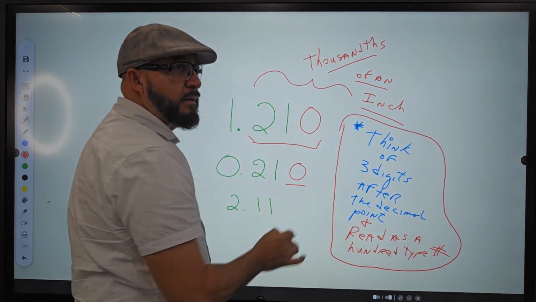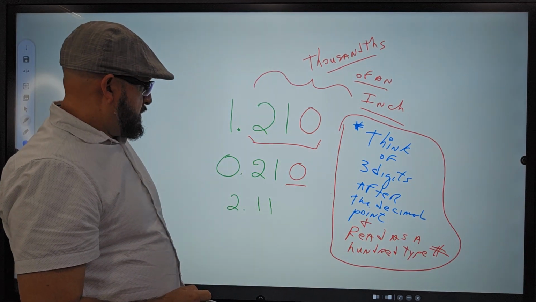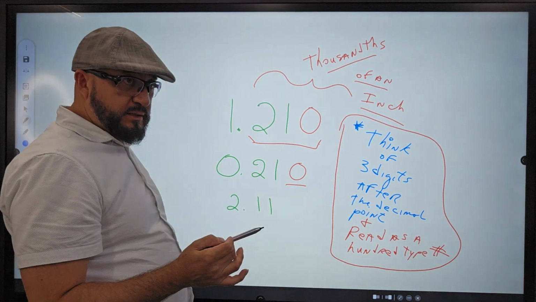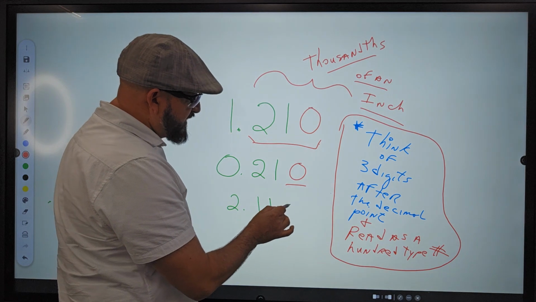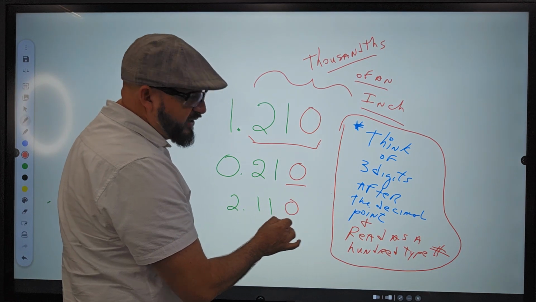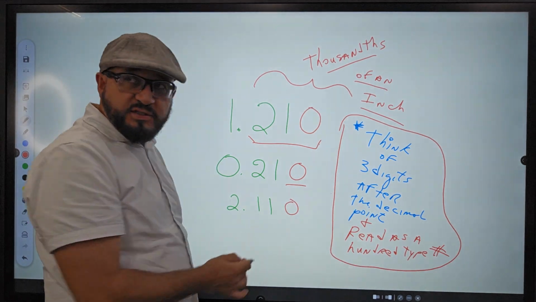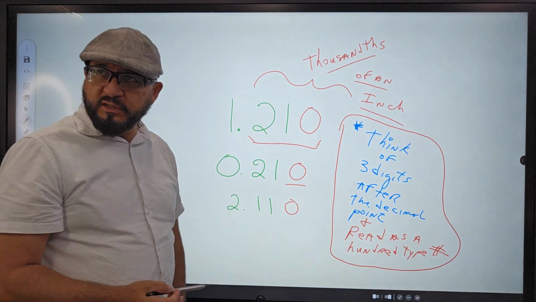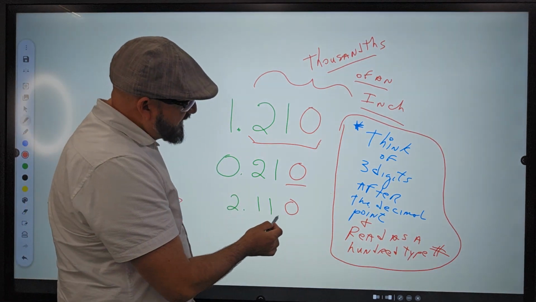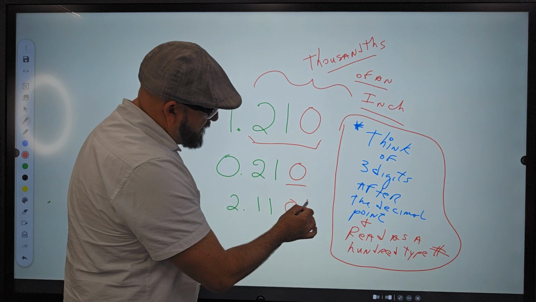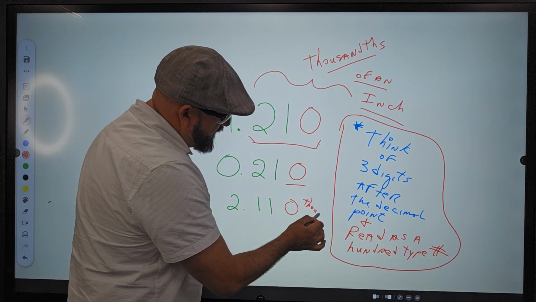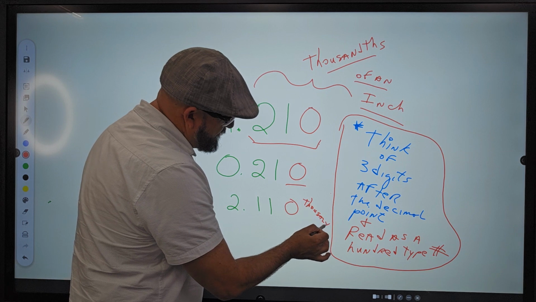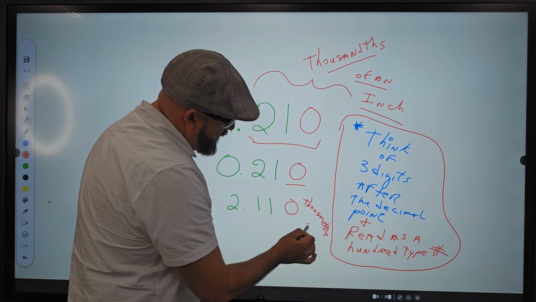You don't say 2 inches and 110,000. There's 2 inches and 110. But sometimes it's hard to see 110. That's why you've got to put that 0 there in your mind or where you're reading. So 2 inches, 110 thousandths. I put T for thousandths of an inch. I'll just write it down. Thousandths of an inch.